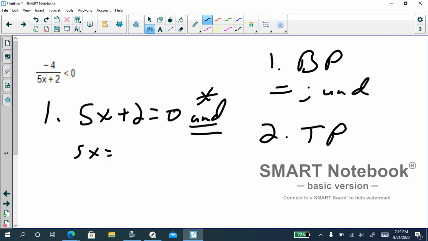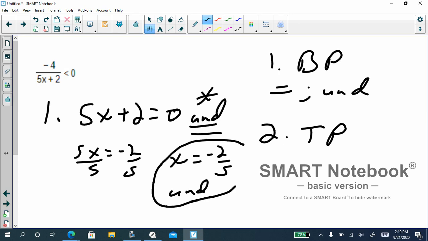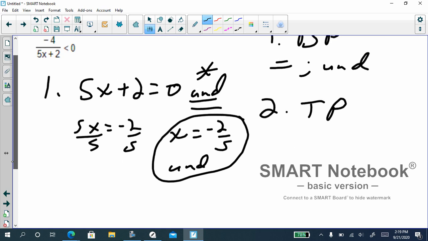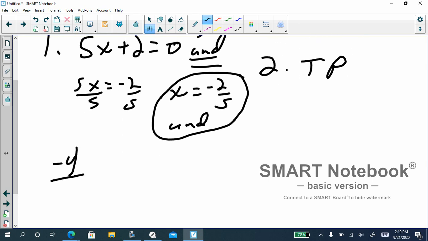If we take 2 away from both sides and divide by 5, we get negative 2/5. Negative 2/5 would make this undefined, so we can't have a point there. The other type of boundary would be where our two sides are equal. So change it to an equation and solve the equation.